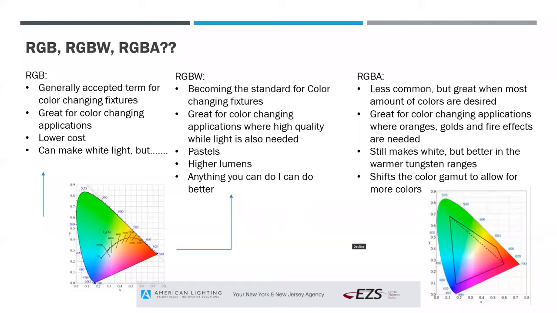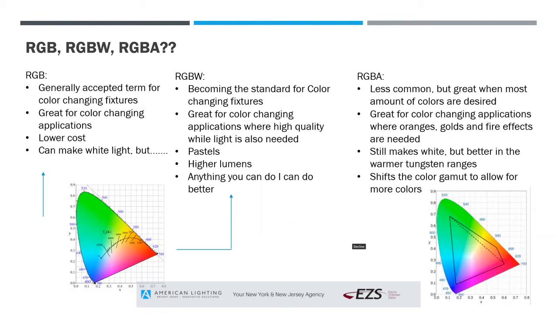And then RGB amber. RGB amber is really nice when color is the most important thing on your project. If you don't need white so much, but you want the most available amount of colors, you would do RGB amber. It's not as discussed and talked about as RGB or RGBW, but be aware that it's out there. If we look at the gamut again, this is the normal gamut with RGB and RGBW where that dotted line is. But when I add the amber chip, I actually bump out the gamut and I get the ability to cover more colors.